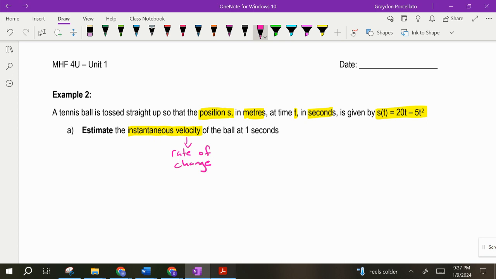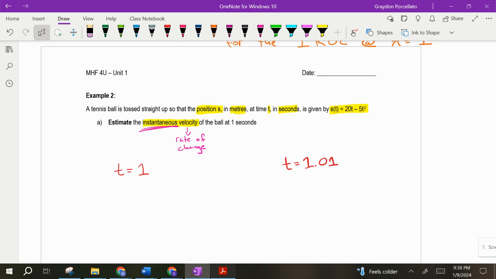Now, it's asking us for instantaneous, so we want 2 points that are very close together. I'm going to choose the one that we're given, t equal to 1, and I'm going to choose t equal to 1.01. Two values that are very, very close together.